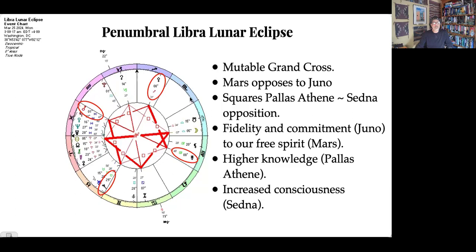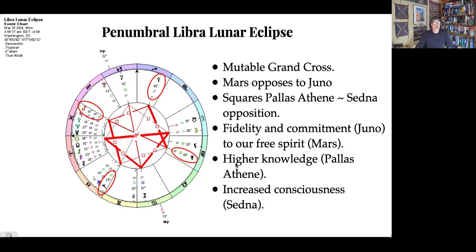The mutable Grand Cross, as I said, is Pallas Athena, Sedna, Mars, and Juno. We're looking at fidelity and commitment to our free spirit, Mars and Juno, higher knowledge, increased consciousness. All these potentials are here. This is the growth potential. This is the seed that sits within these two lunations that will unlock all of this compacted, compressed energy that's seeking release.